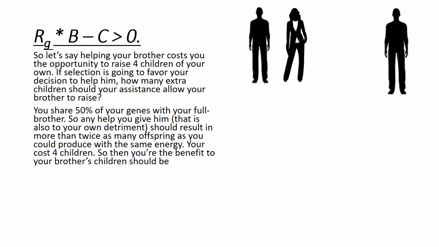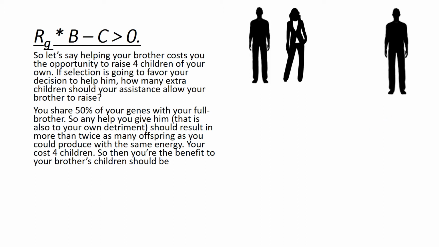So let's say you decide to not get married and instead help your brother and his wife raise their own children. And you figure that had you gotten married and had your own children, you would probably have had 4 children of your own. Now, this is a very contrived scenario, and also humans don't really work like this, but for the sake of argument and practicing, bear with me.